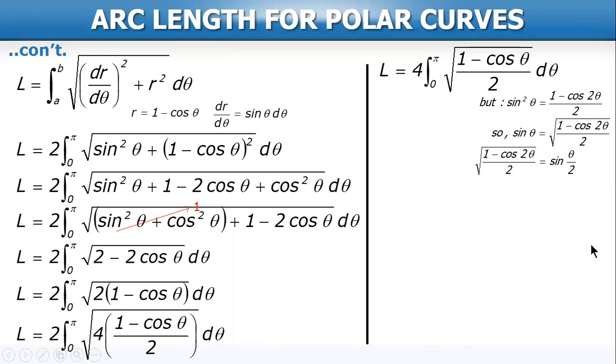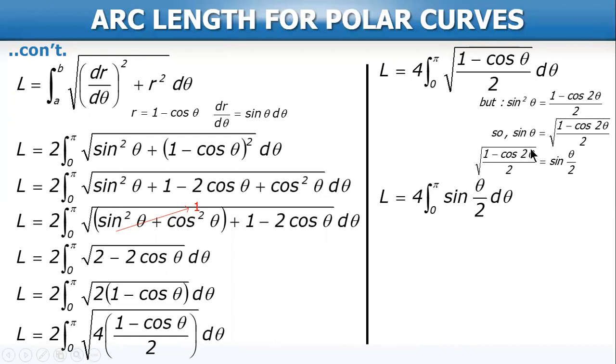Sorry. Theta. Typo error again. 1 minus cosine theta only. Square root is sine of theta over 2. So, next we'll substitute this one. Replace this one by sine of theta over 2.